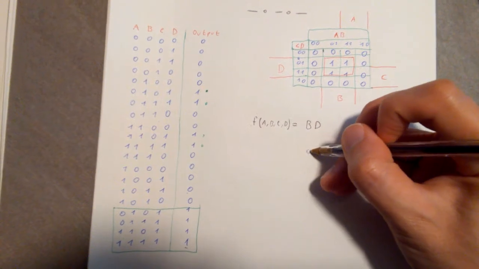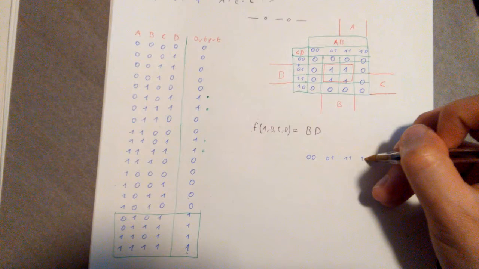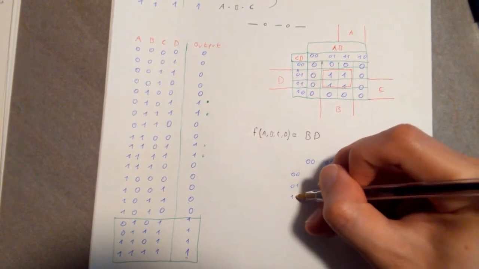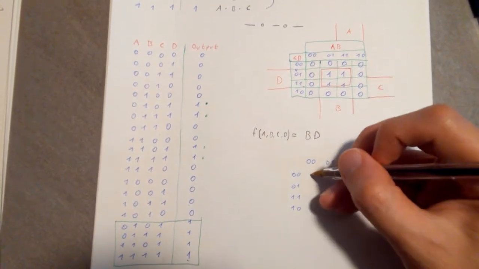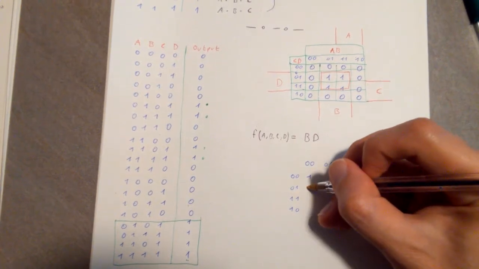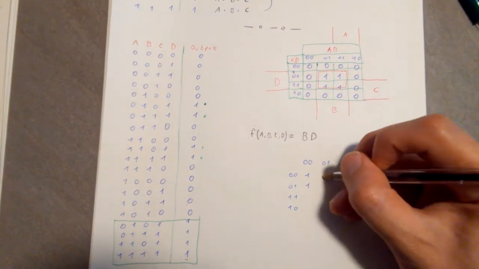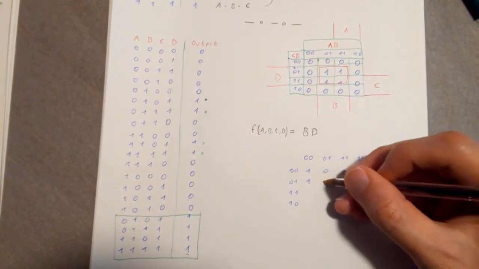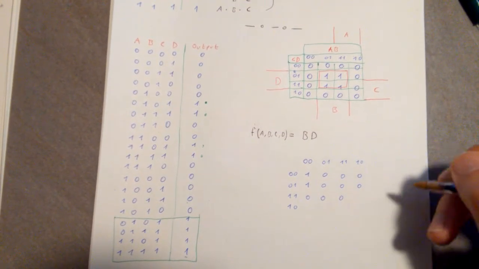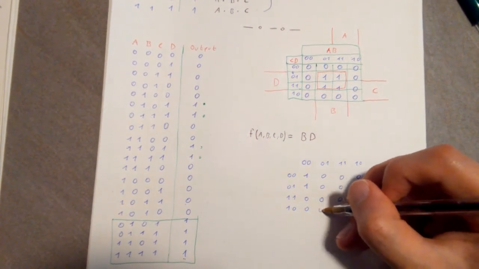So if I had something like this, 00, 01, 11, 10 on the columns, and 00, 01, 11, 10 on the rows, and I had something like 1, 1 here, and all 0 here, and then 1, 1 here.